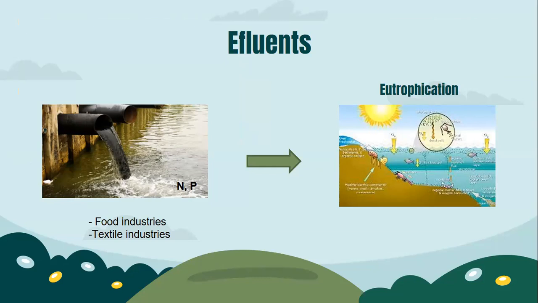Industries that generate effluents with high levels of nitrogen and phosphorus are the food industries as well as the textile industries. Other effluents can cause irreversible damage to water bodies, like toxic effluents or oils.